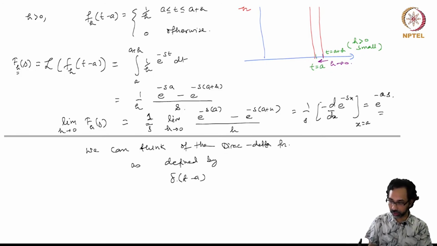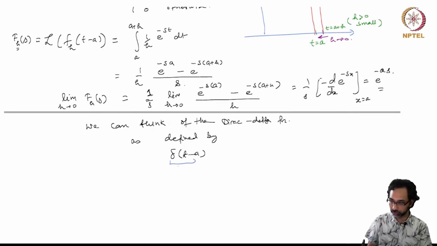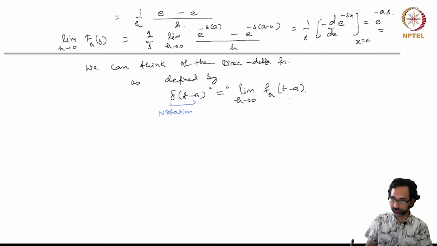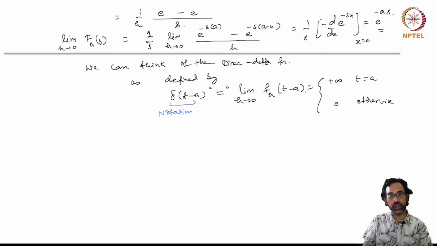Delta(t - a) is the notation for the Dirac delta function, and this is equal to the limit. I am putting it in quotes because this limit is not well defined, f_h(t - a), because this will give you plus infinity at t equal to a and 0 otherwise. So this so-called function is not really defined at t equal to a.